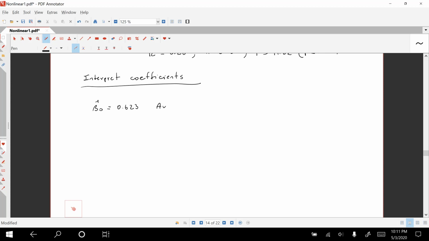So that's the average value for a male with no education. Here you have to be a little bit careful, because female being equal to 0 represents the group corresponding to males, and education is equal to 0.